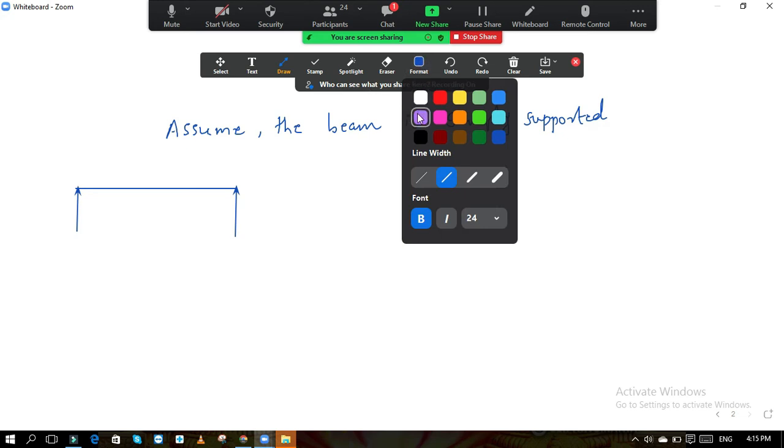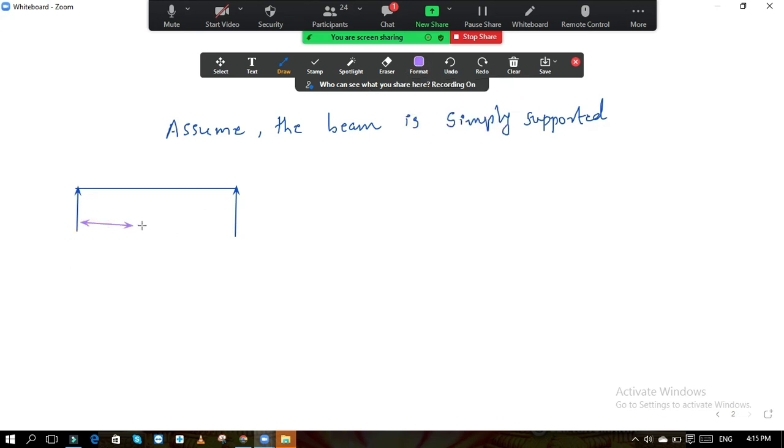What is the span of the beam? This span, it is given as 6 meter. Okay. And at the center a point load is acting, and its value is P. We don't know the value.